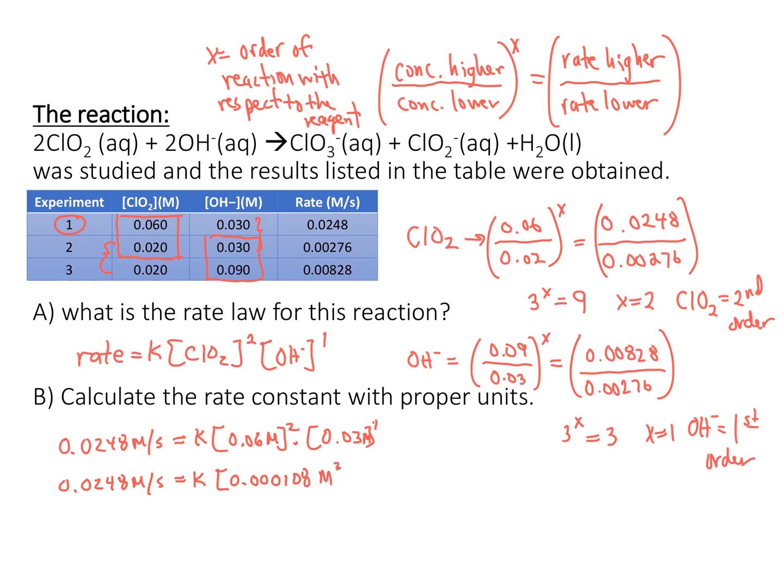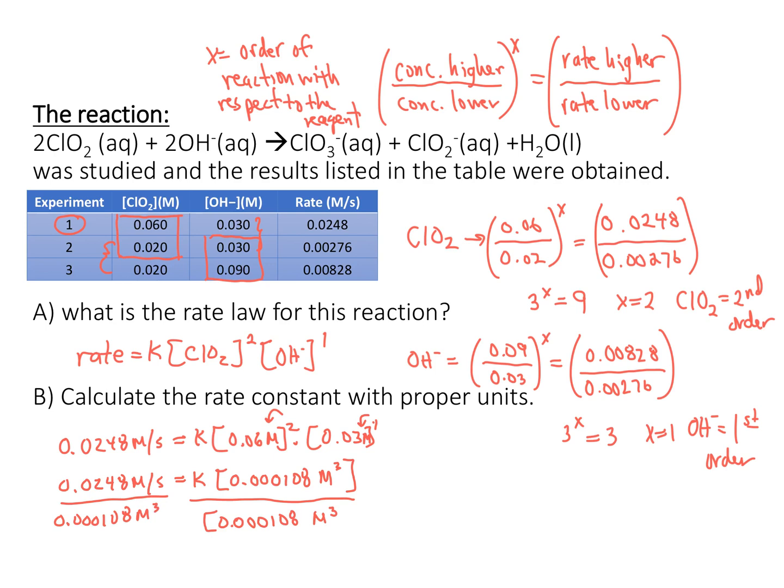Molarity cubed because I squared this concentration and then I multiplied it by this concentration. So you add those exponents together. So now I'm going to divide both sides by my concentration cubed. So 0.0248, and I'm going to divide this side as well by 0.000108.